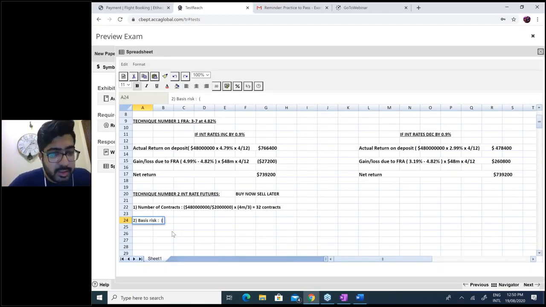Remember, spot price is always 100. No other chance. Spot minus LIBOR. LIBOR is the London interbank offer rate, the interbank rate. The interbank rate is 4.09. So spot 100 minus LIBOR less futures price, that's given.